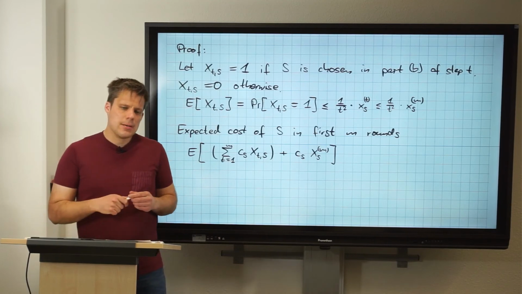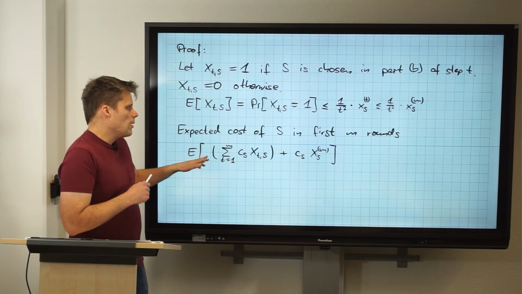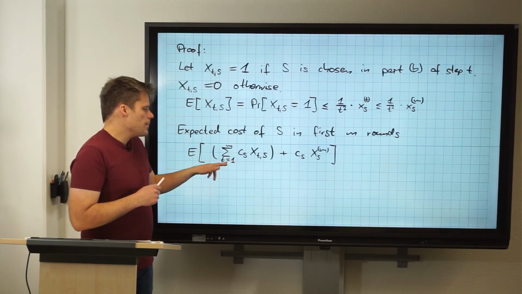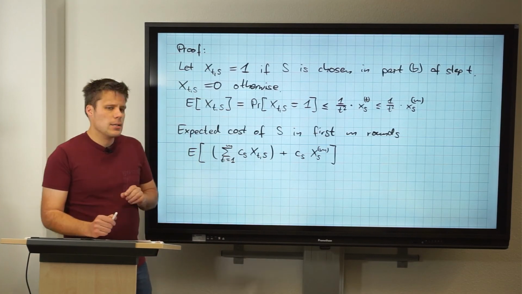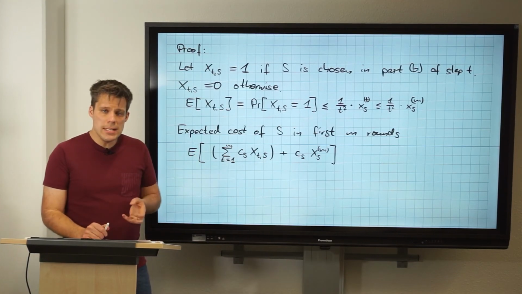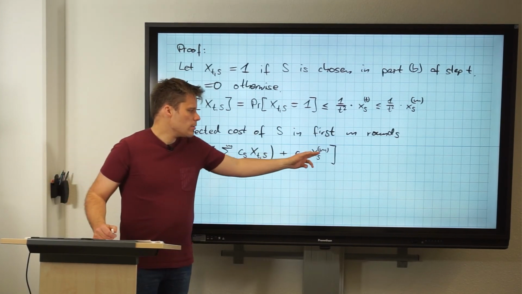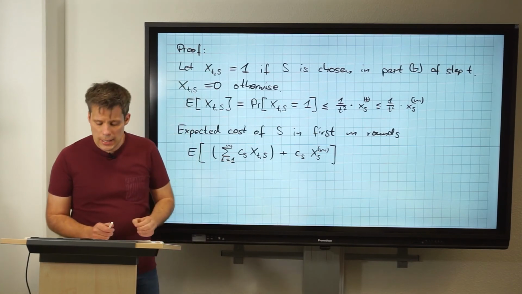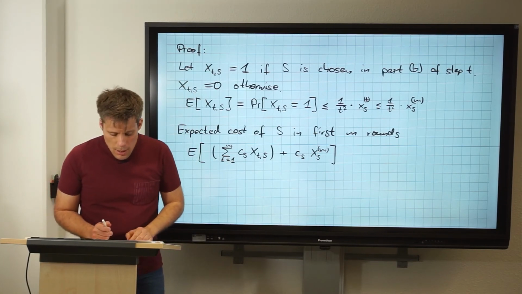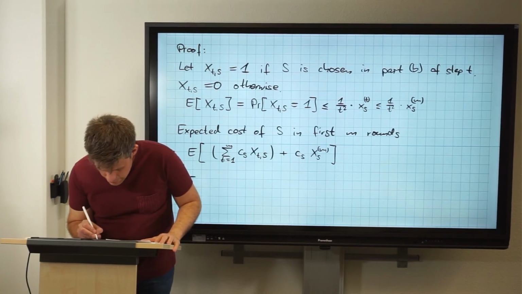But we may now say, okay, how much is it contributing to our cost from part B? And how much is it contributing to our cost from part A? And now we can just use linearity of expectation.